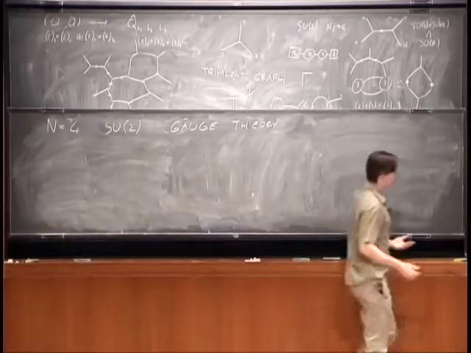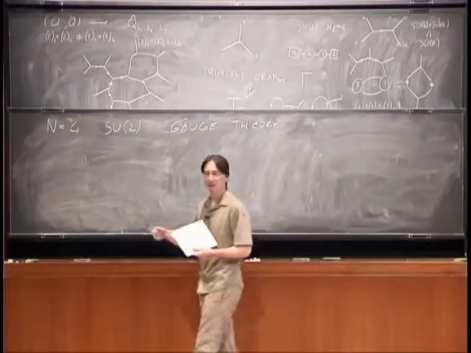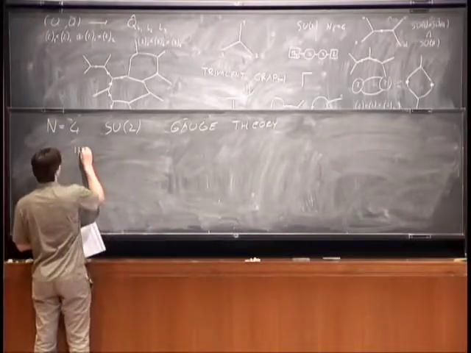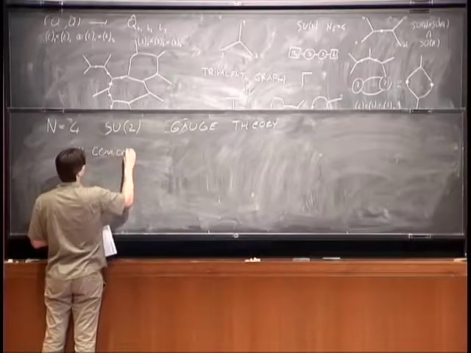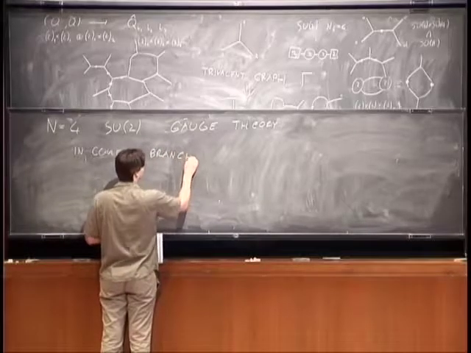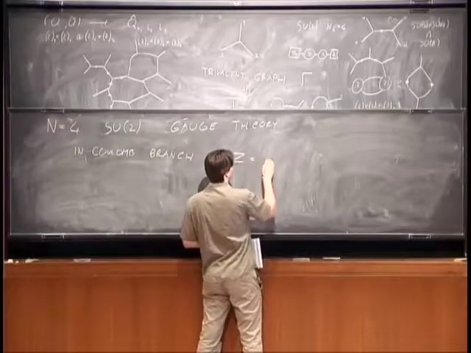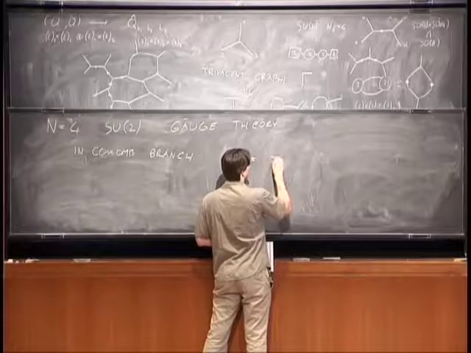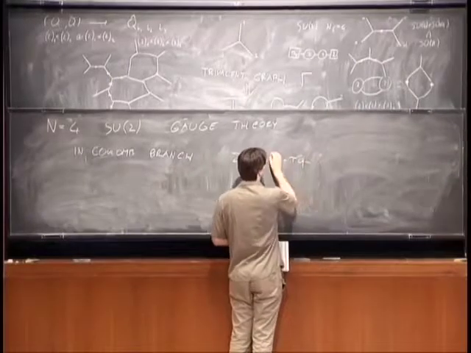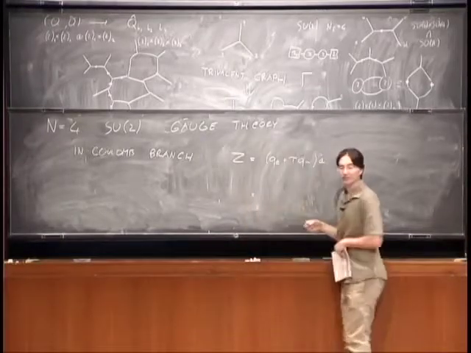The way people started suspecting that this theory could have some interesting dualities in the parameter space was the observation that if you move in the Coulomb branch, your central charge function is uncorrected.